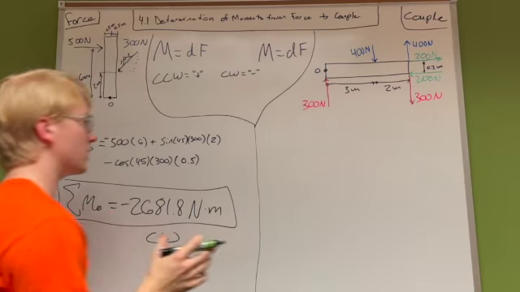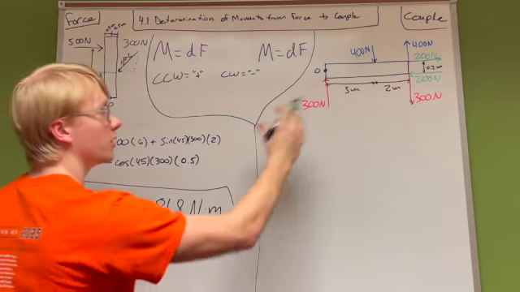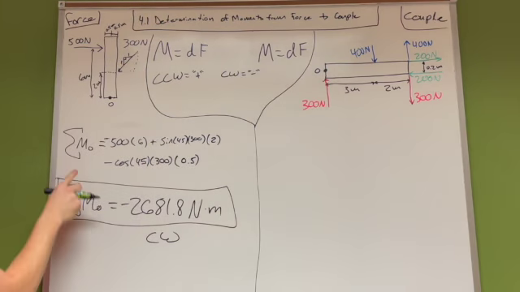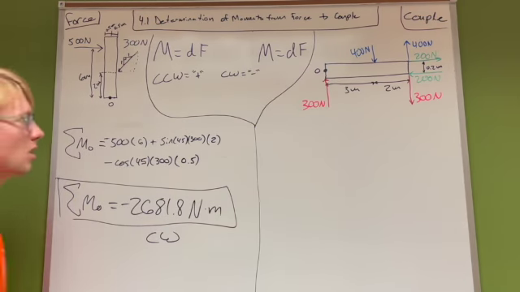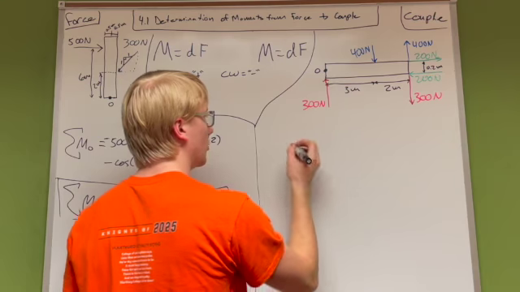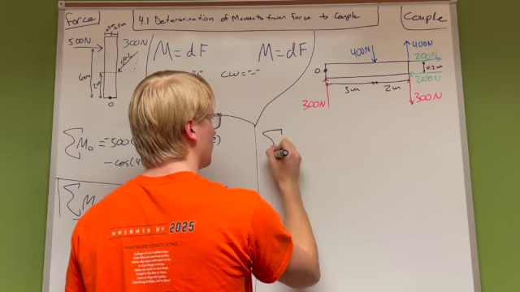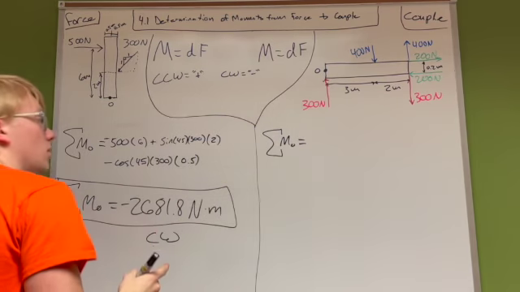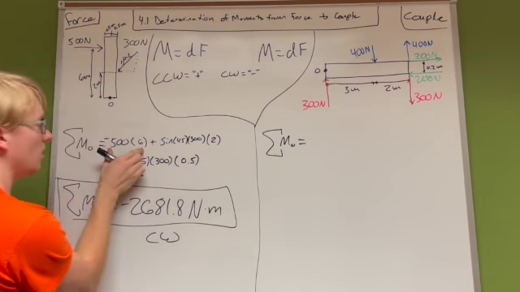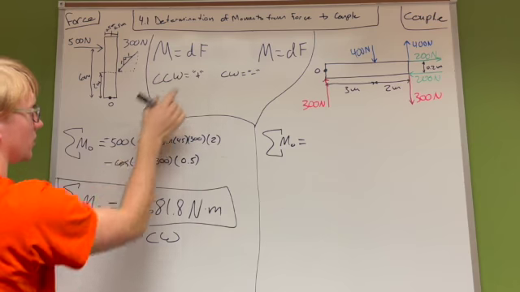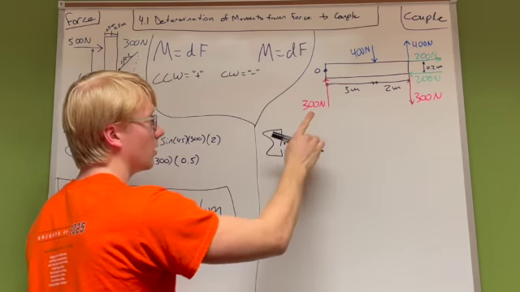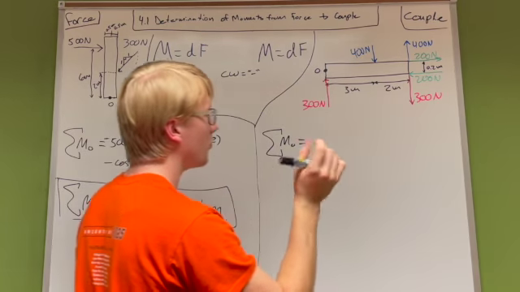And so it's the same process here. What we want to determine is the moment around point O, which is right there. Okay, so we're going to sum all the moments around point O. Except we can do it a little bit different because we know these are couples. Okay, and so this little equation right here, we just took the distance times the force. Okay, over here we're going to take a different type of distance.